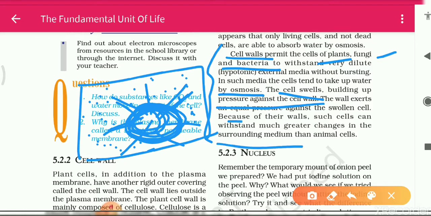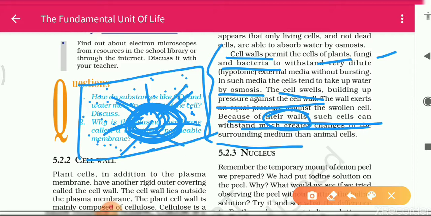Now students, here they want to say that due to the presence of the cell wall, plant cells can very easily withstand a hypotonic solution as compared to animal cells. That's why, if anyone asks you a question: if we put animal cells in a hypotonic solution, what happens? Bursting will take place. Why?